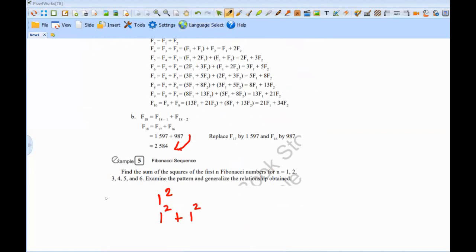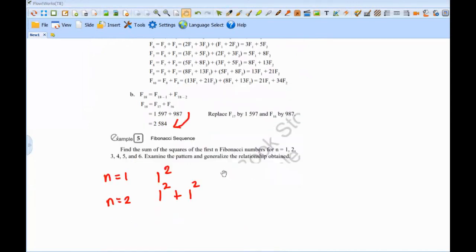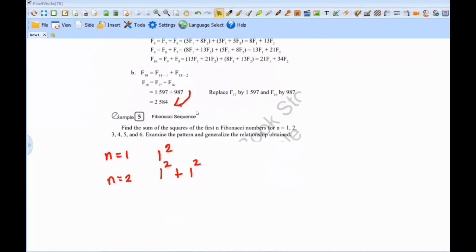This is n equals 1, n equals 2, n equals 3, n equals 4, and n equals 5.